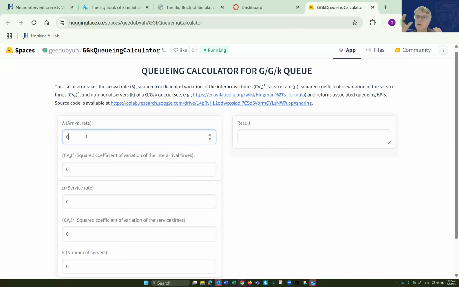All right, so let's think about our base case. I will try and annotate this. See if I can get my pen back here. So this is my base case. I'm going to independent baristas, and they're each facing a load of 29 customers per hour.